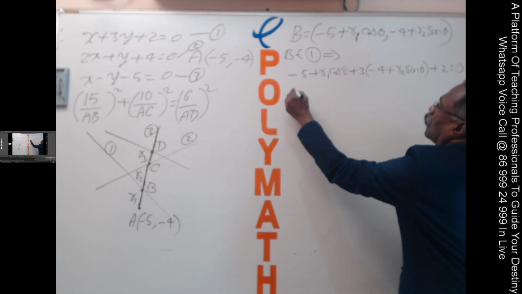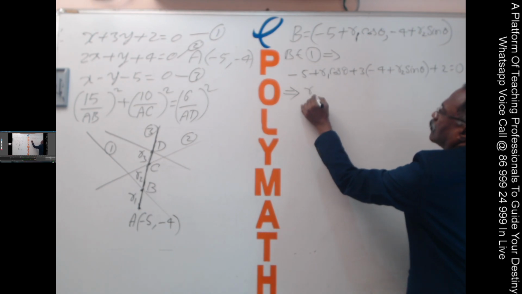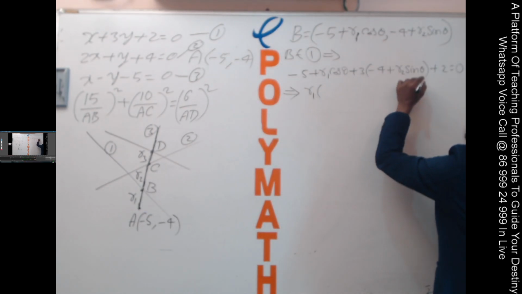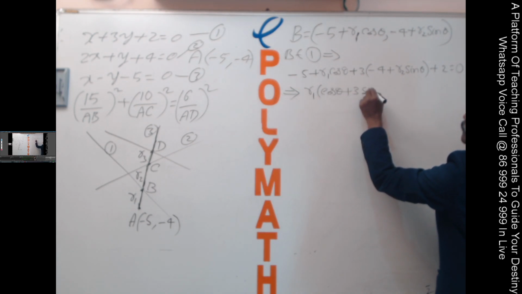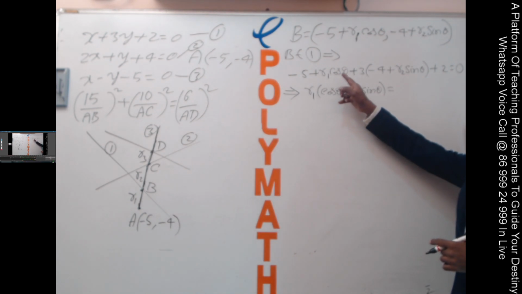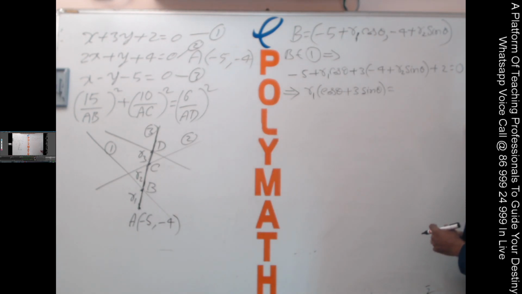Now, what is it that you get here? R1 into cos theta plus 3 sin theta. This is minus 12 minus 5, minus 17.